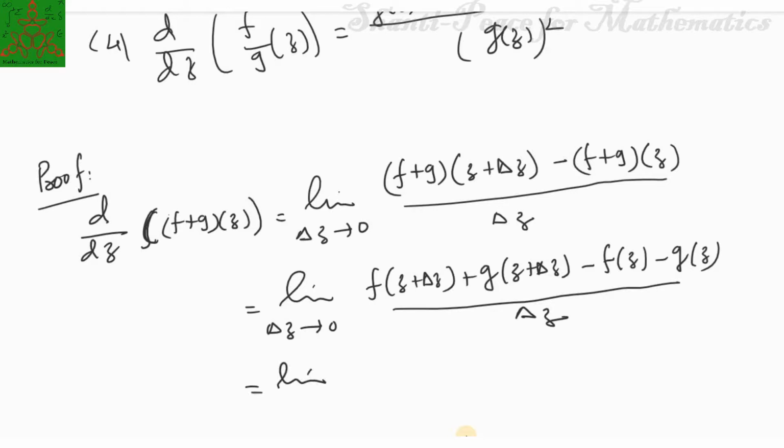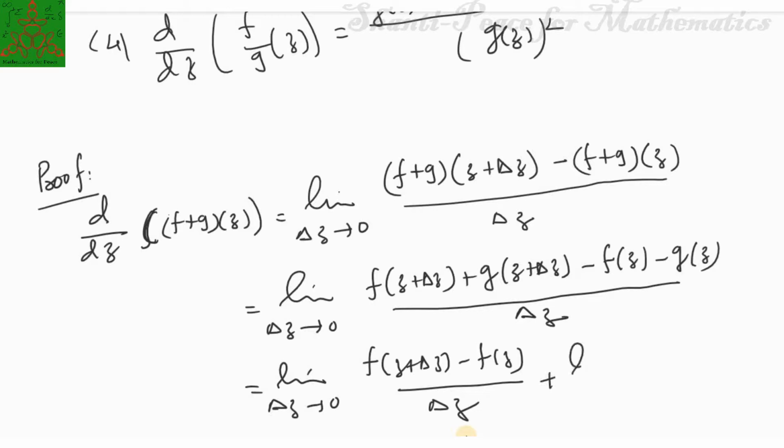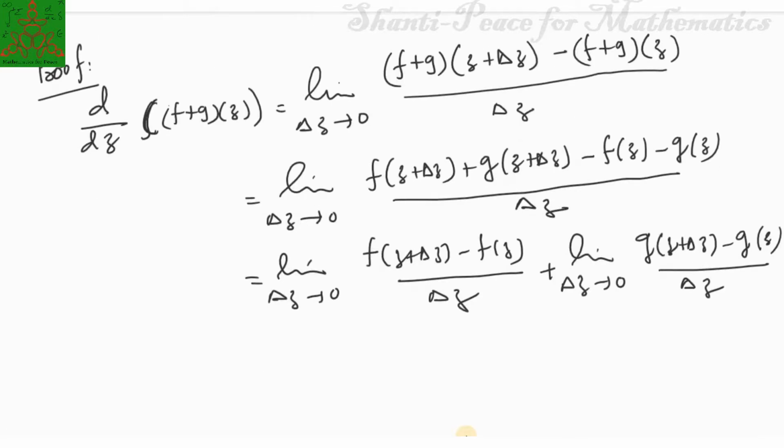That can be written as limit delta z tends to 0 f of z plus delta z minus f of z upon delta z, plus limit delta z tends to 0 g of z plus delta z minus g of z upon delta z, and that can be written as f dash of z plus g dash of z.